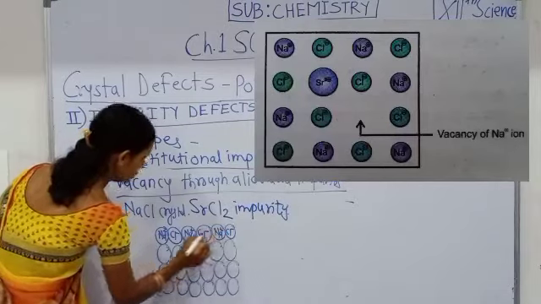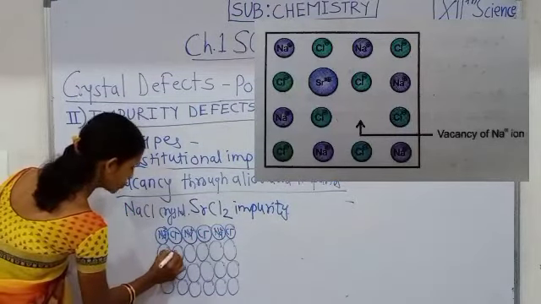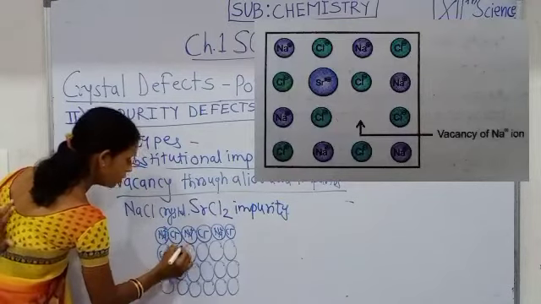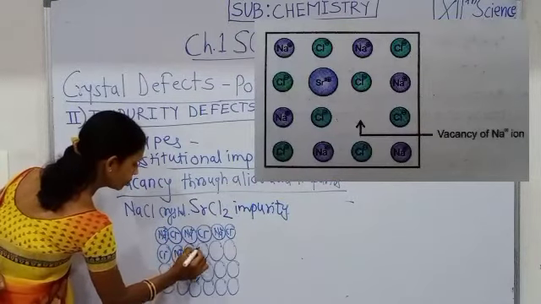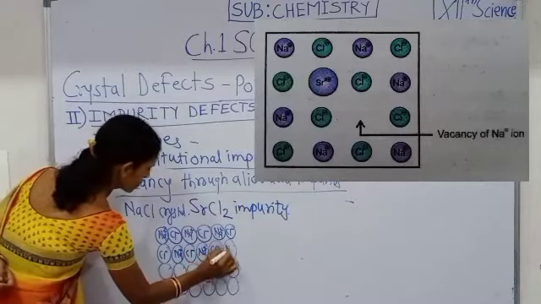And during the crystallization of NaCl, if impurity of SrCl2 is added, the following takes place.